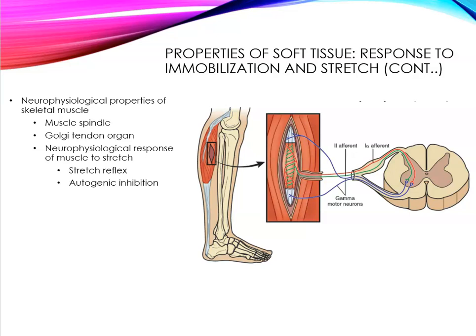Originally, the GTO was thought to respond only to high levels of muscle tension as a protective mechanism for muscle. However, the GTO has since been shown to have a low threshold for firing, functioning to continuously monitor and adjust the force of active muscle contraction during movement or the tension of muscle during passive stretch.